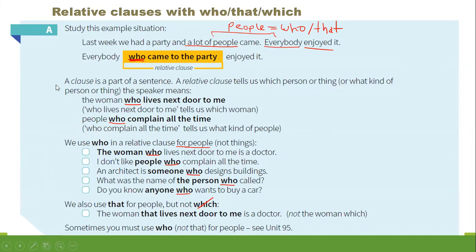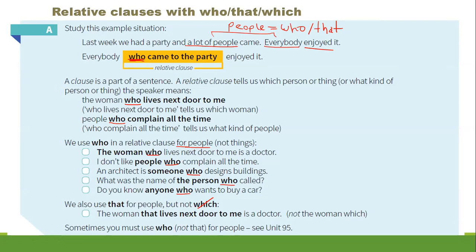And a clause is a part of a sentence, of course. A relative clause tells us which person or thing or what kind of person or thing the speaker means. The woman who lives next door to me, in this case, who lives next door to me tells us which woman, or people who complain all the time.